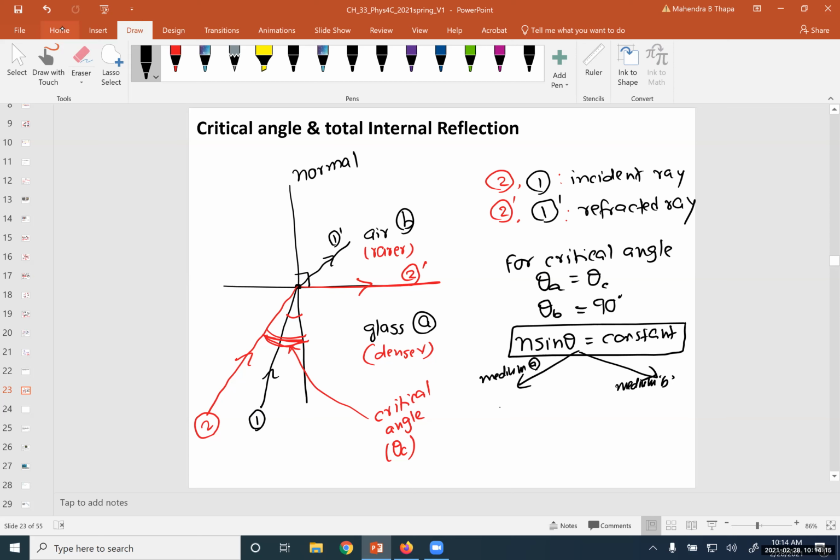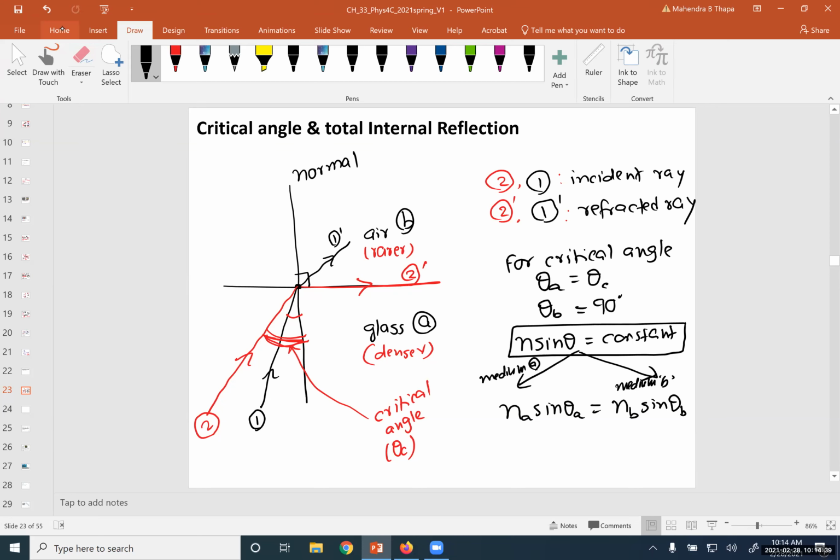So NA, the refractive index of the first medium A, times sine theta A equals, now we are in the second medium, so the refractive index of the second medium, NB times sine theta B.